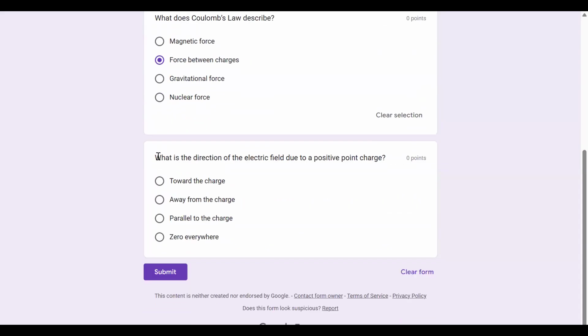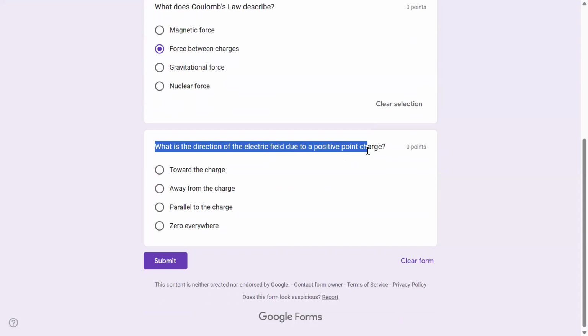And the final one, what is the direction of electric field due to positive point charge? We have two types of charge, one is positive, another one is negative. Already you know that for every charge, there is an electric field around that charge. When you place a test charge near that source charge, it may be attracted or repelled, depending upon the charge.